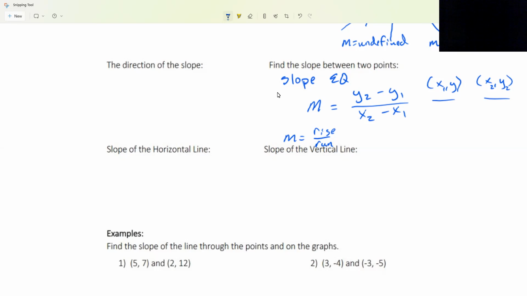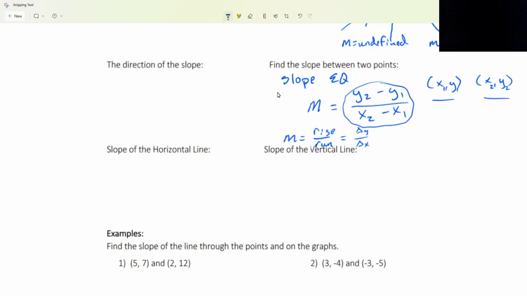Really, it's the change in y over the change in x. That's the Greek letter delta. The change is the difference from one point to another point, and that difference is the steepness.